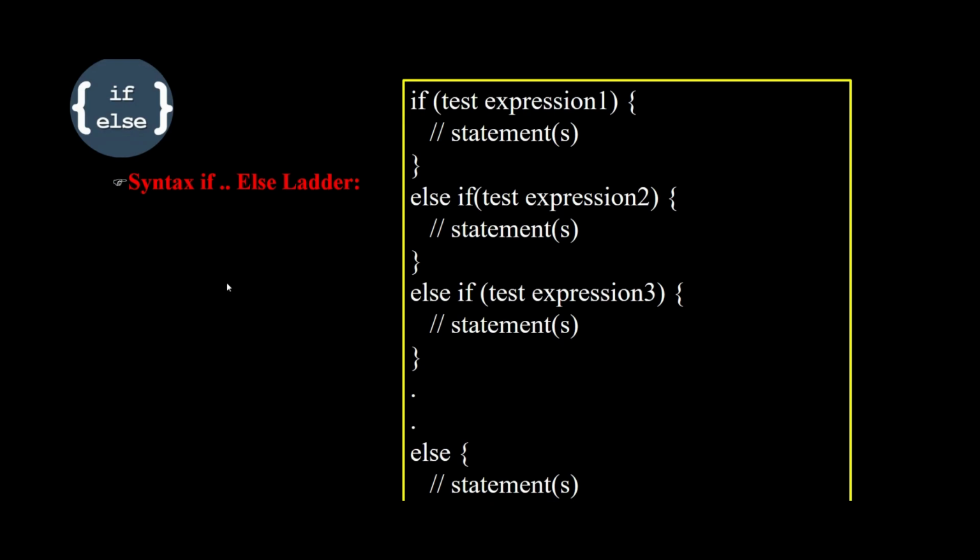So the if-else ladder allows us to check between multiple test expressions. It can be 100 test expressions, 1000, or 10, as you need. In this example, we have 3 test expressions. Let's try this together by code.